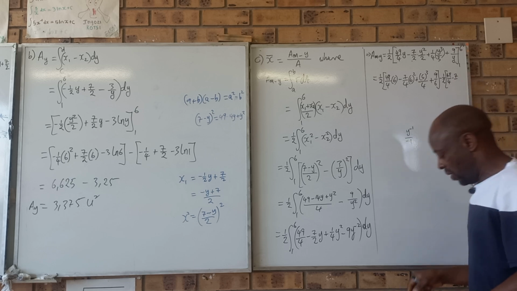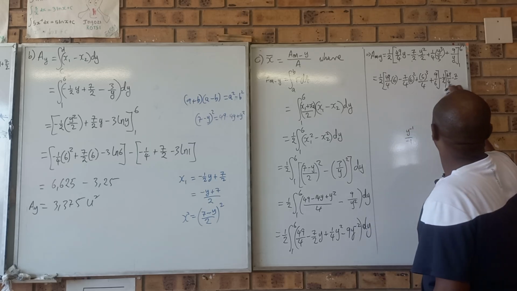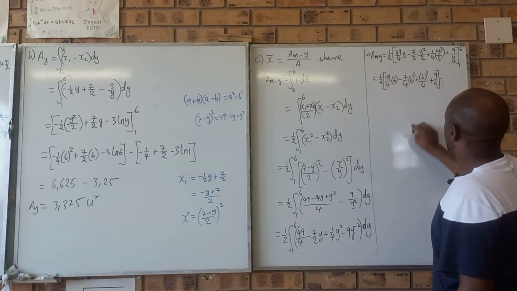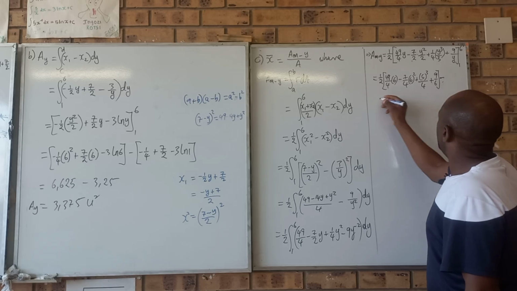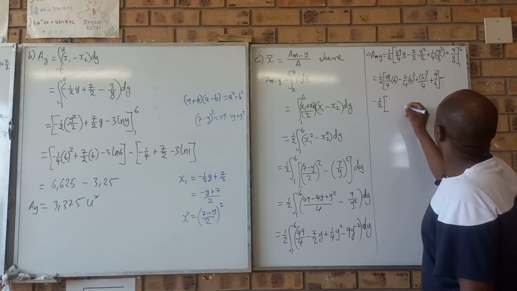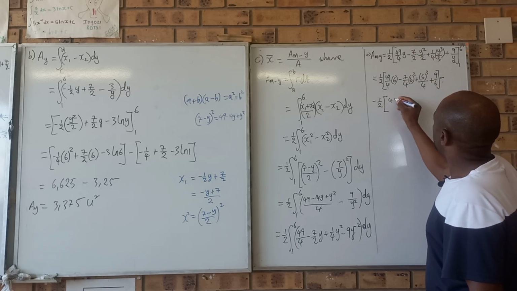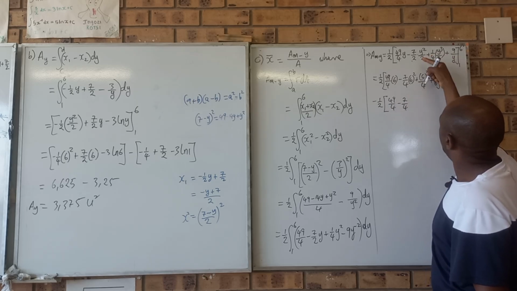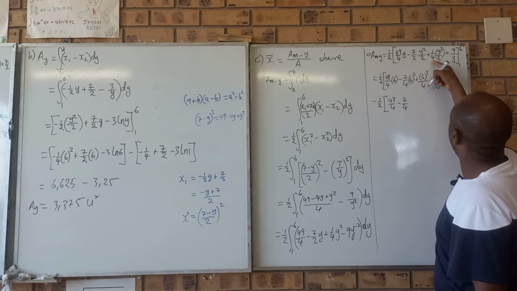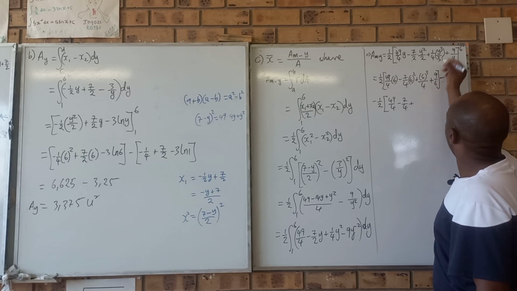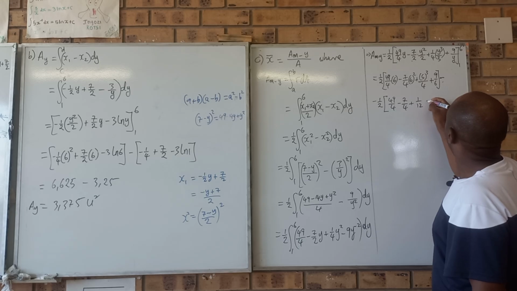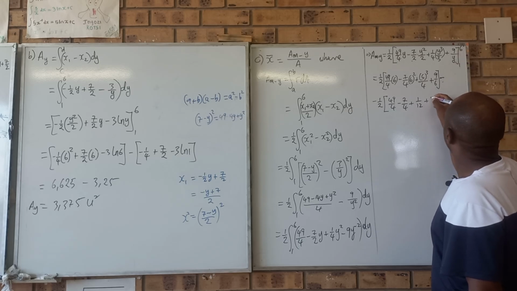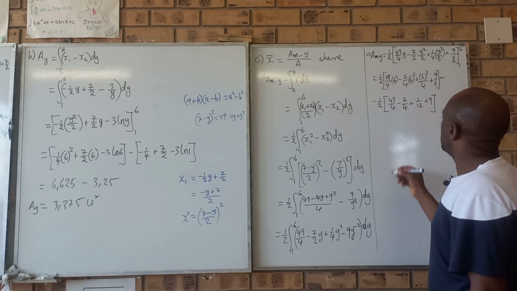There is no space for that. So that will be minus a half into, I'll get 49 over 4 minus 7 over 4, because if I put 1 there, 2 times 2 is 4, then this is 12. If I put 1 there, I get 1 over 12, and if I put 1 there, I get 9. So that is it.